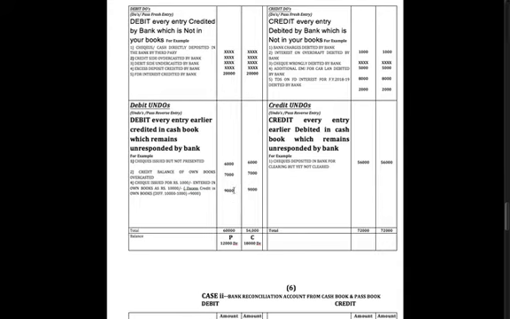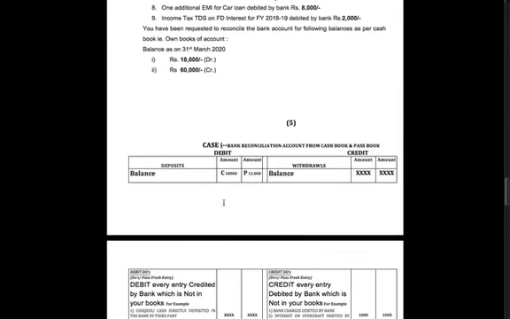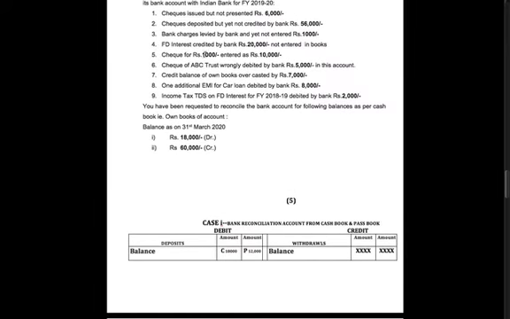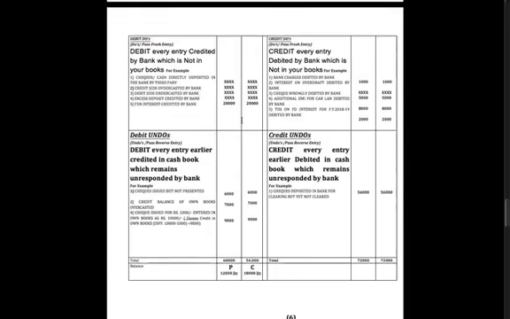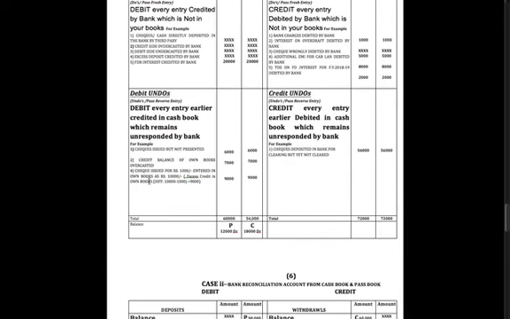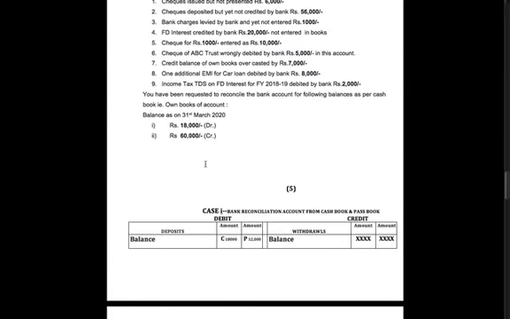And to the extent means to the extent it is not responded. You had issued a check of 10,000, but the bank has already cleared 1,000 because it is basically a check for rupees 1,000. So this is one thing which is not unresponded. What is the unresponded amount? The unresponded entry amount is 9,000.